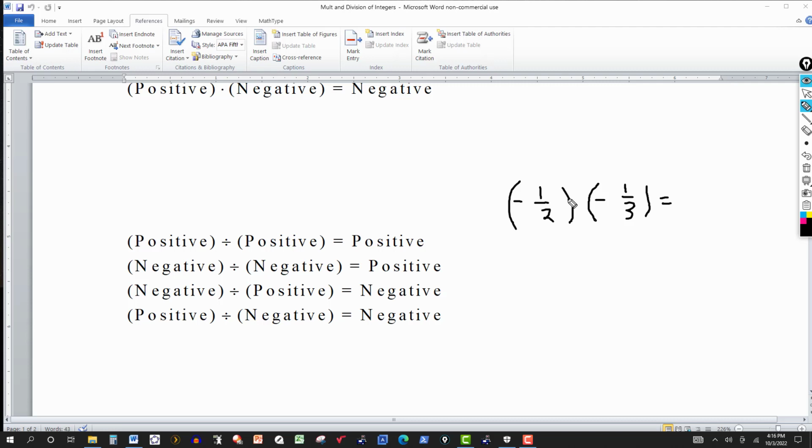Got a negative times a negative, so I know the answer is going to be a positive. And then, of course, you multiply fractions by just multiplying the numerators. 1 times 1 is 1. Multiplying the denominators, 2 times 3 is 6. And then, of course, the sign: negative times a negative is a positive. 1 over 6 is reduced.